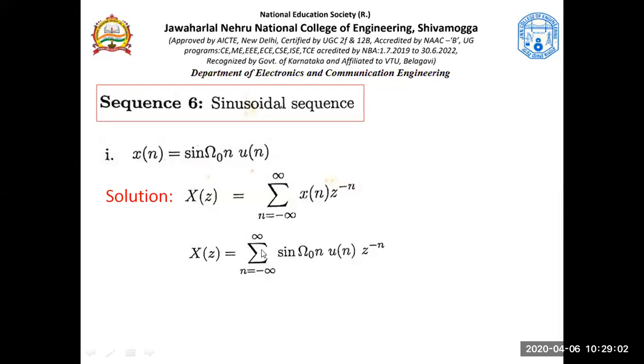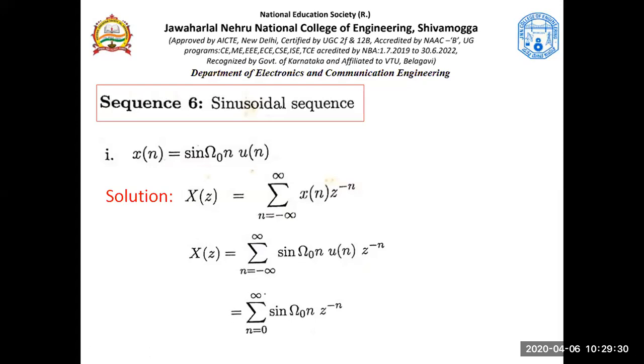As of now, we are going from minus infinity to plus infinity. But you all know u of n exists from 0 to infinity, so there is no point summing from minus infinity to minus 1. So change this summation range from 0 to infinity and just make this u of n 1 in that range. That is what is done in the next step.